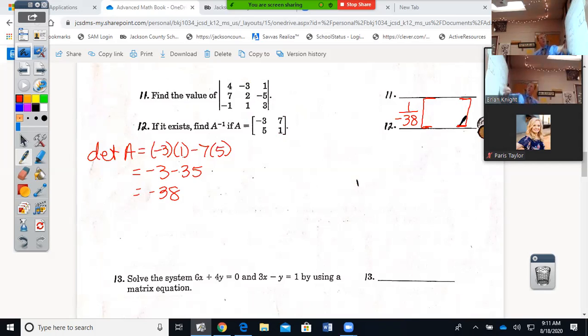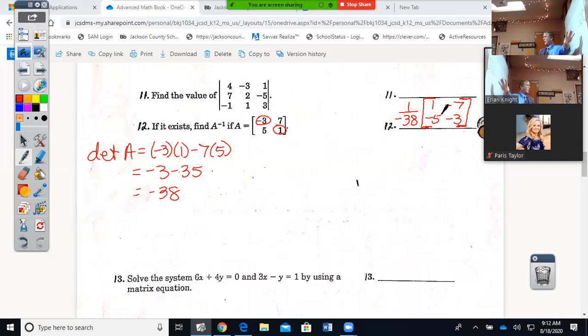All right. What do you do with the -3 and the 1? You switch them. So 1 goes there, -3 goes there, and then what do you do with the other 2? They change signs. So -7, -5. You are more than welcome to leave it like that as your answer.